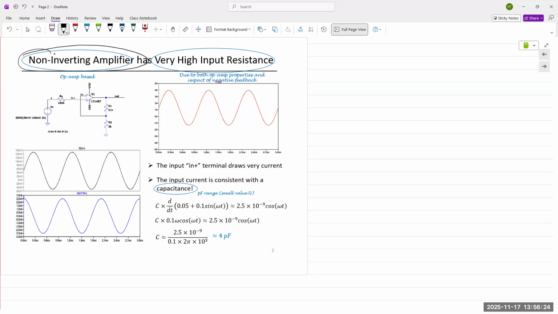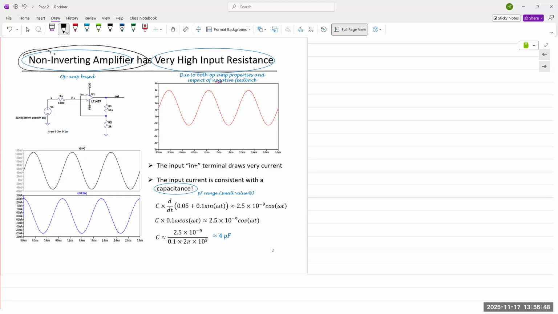It is not a given that any circuit you create with an op amp will have high input resistance. It depends on how we configure the circuit. In this case, we are taking the output and feeding it back into the input, a negative loop. So the non-inverting amplifier still has very high input resistance. It draws very little current, and we have about 3 minutes.